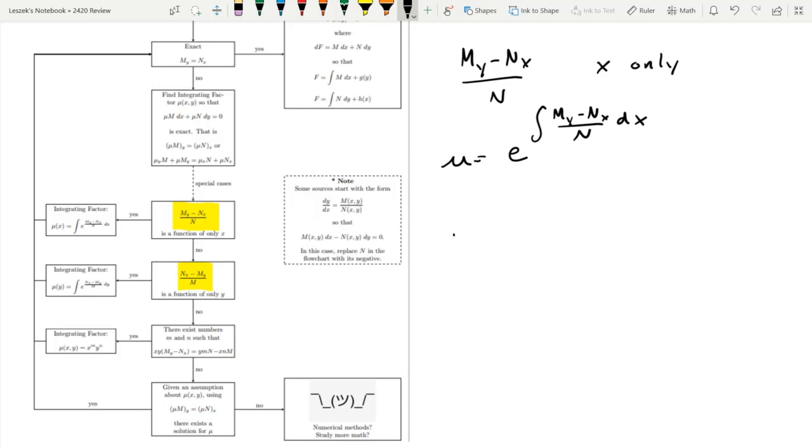And then if you just negate the numerator and change the N to the M in the denominator, if this is a function of y only, then we have an integrating factor to turn our inexact differential equation into an exact one.